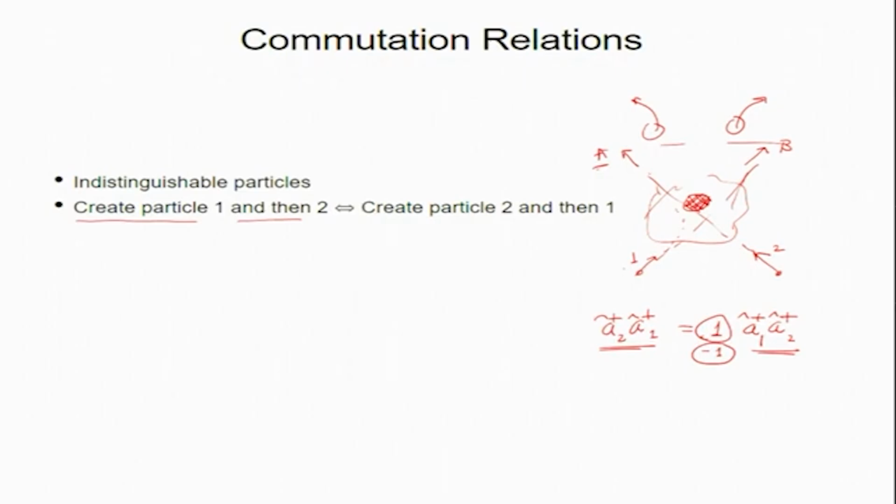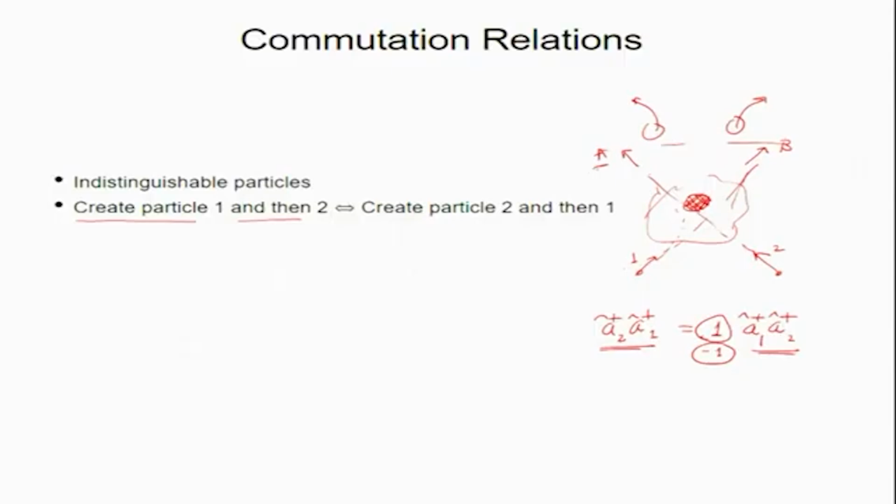If it is 1, then that is a boson, right? We discussed that in the last class. A dagger K1 and A dagger K2 commute, right? But if it is -1, then they are not commuting. If I multiply two operators, AB, I get minus BA. This is called anticommute.